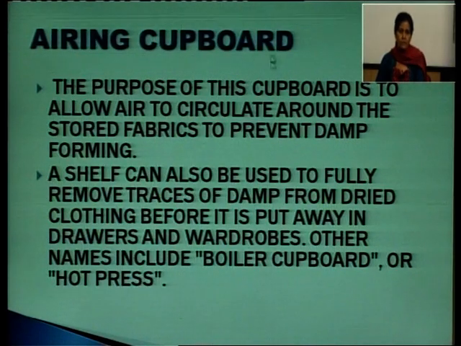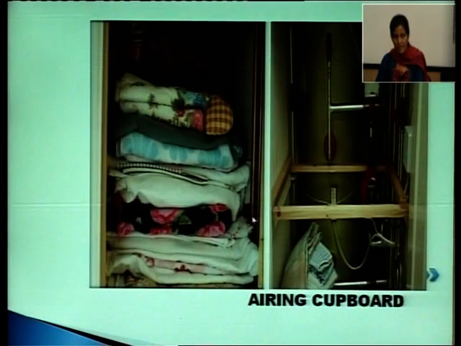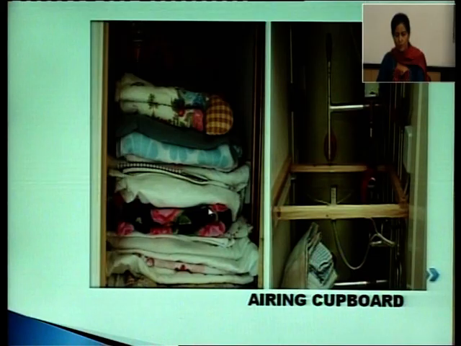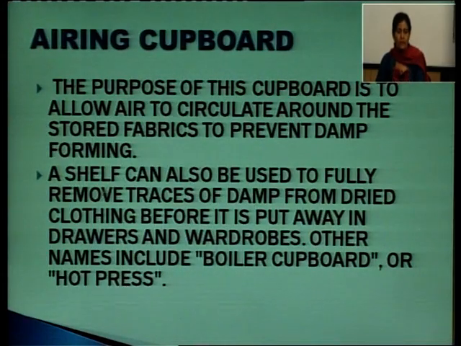The purpose of this cupboard is to allow air to circulate around the stored fabric or to prevent damp forming. As you can see in this cupboard, these pipes are provided, and behind this these pipes are also provided, which keep this place humid free. A shelf can also be used to fully remove traces of damp from dried clothes before they are put away in drawers and wardrobes.